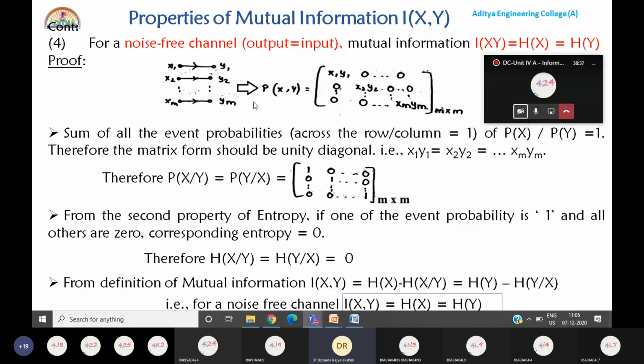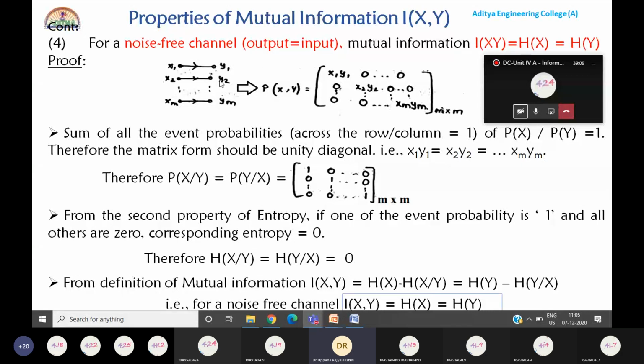Only the events (x1, y1), (x2, y2), up to (xm, ym) will exist. In the joint probability matrix, the first element (x1, y1) exists. Next, (x1, y2) won't exist because there is no path here, and (x1, y3) doesn't exist. So all the elements in the first row are 0 except (x1, y1).